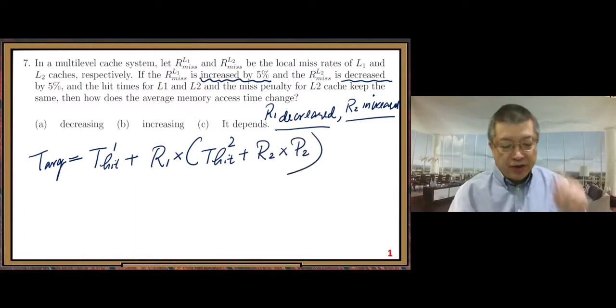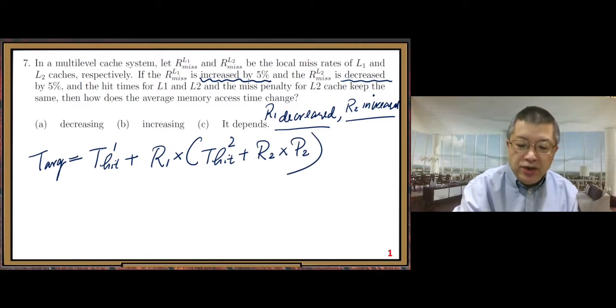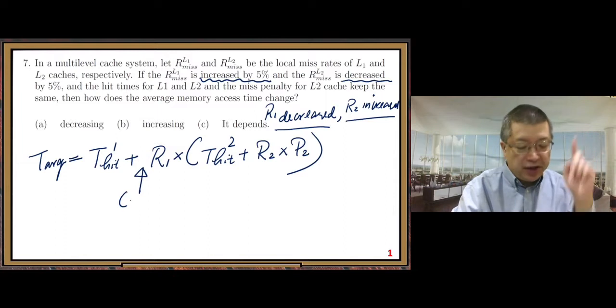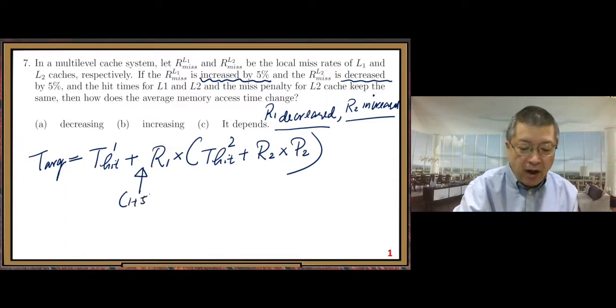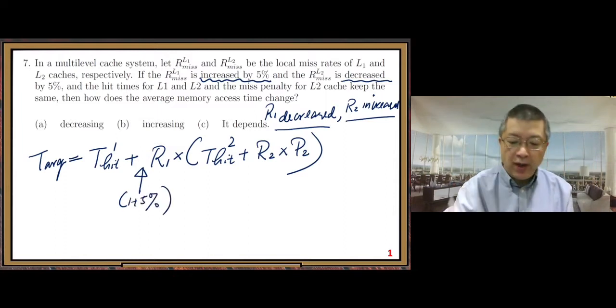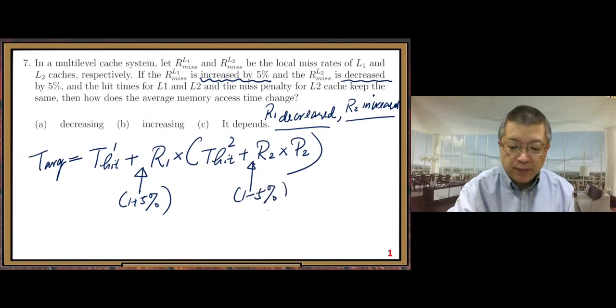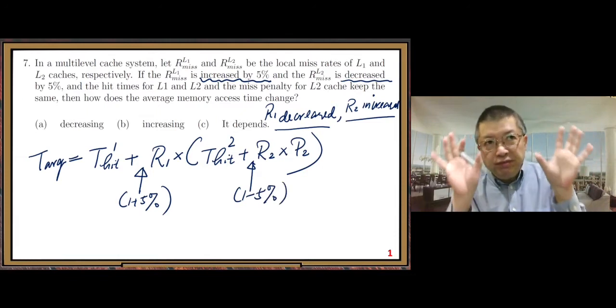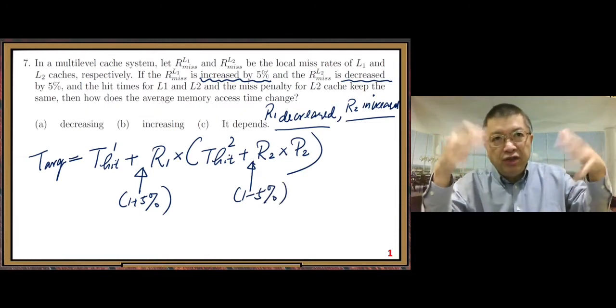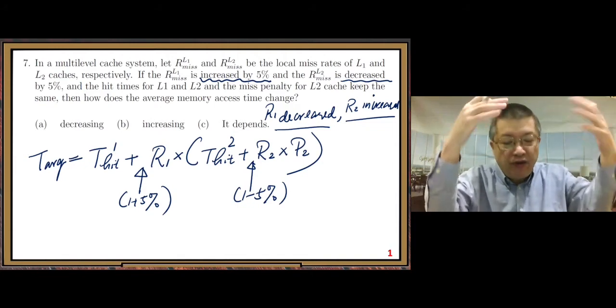Now this time R1 increases by 5%, so you multiply by 1 plus 5%. Then here, you need to multiply R2 by 1 minus 5%. When you do this modification, the second time, you compare it with the first time.